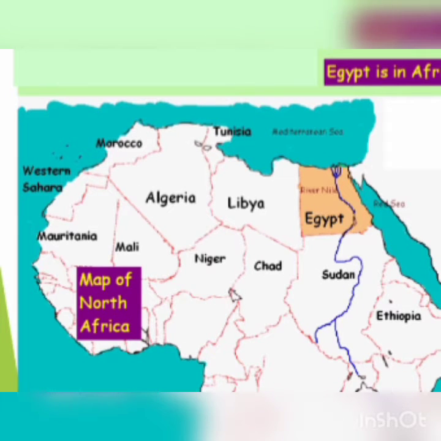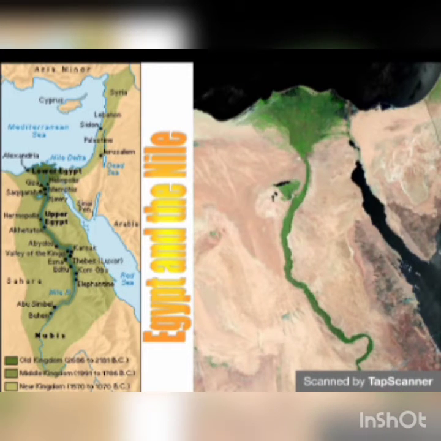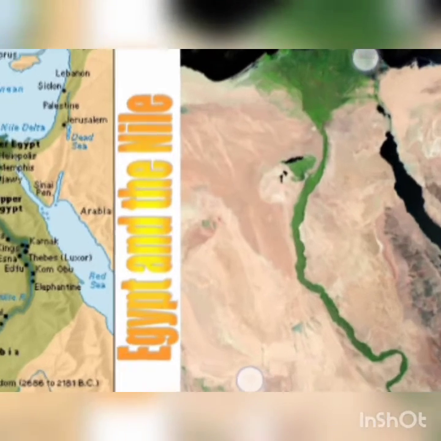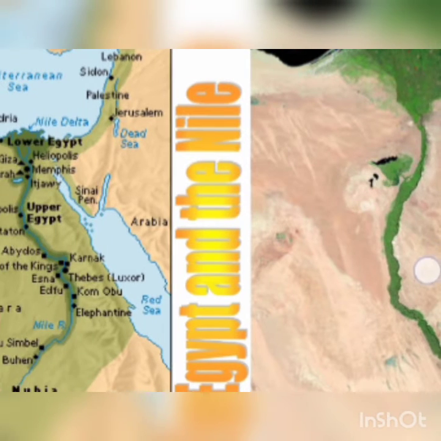Here lies the largest desert, the Sahara. And the green color is the Nile. So Egypt is called the gift of the Nile because Egypt is fully flourished by the Nile.